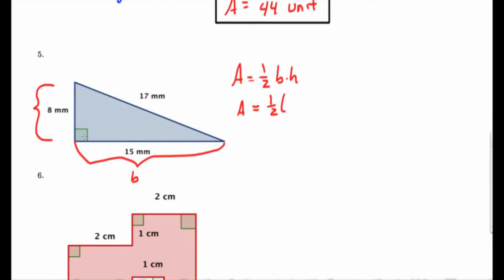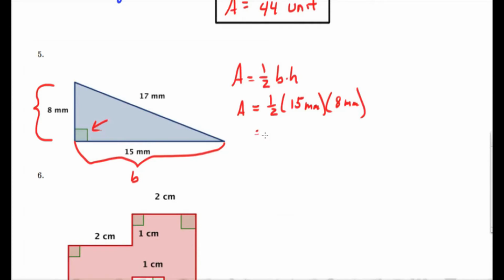So basically the relationship between the base and the height for a triangle, it needs to be perpendicular. It needs to be 90 degrees between these two sides. So base is 15 millimeters and the height is 8 millimeters.